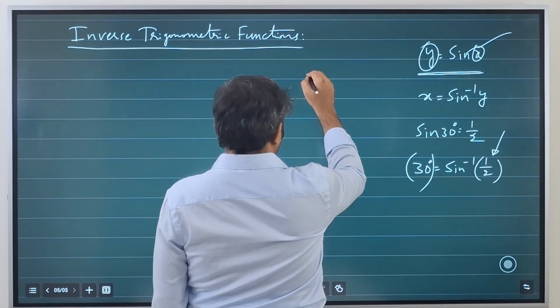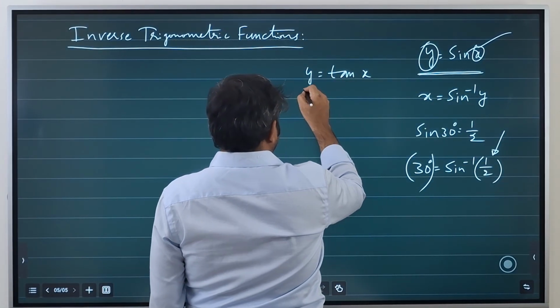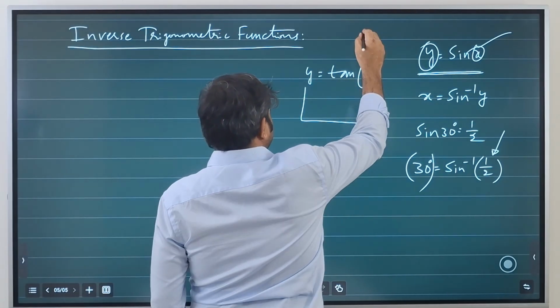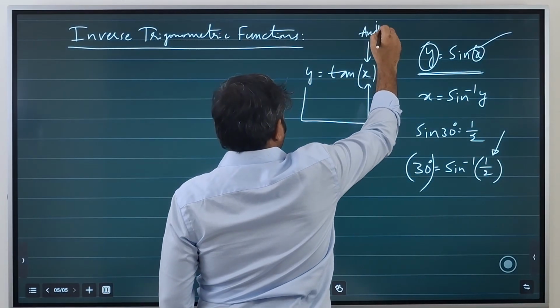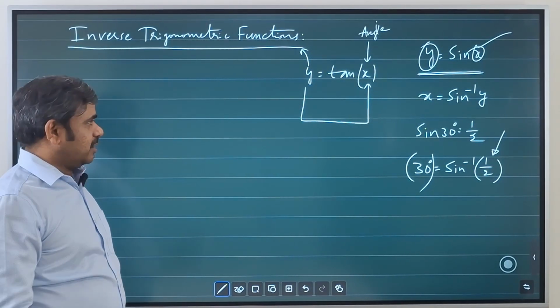Okay, when we write y is equal to sine x or cos x or tan x, what it means is we are writing ratio of sides as a function of angle. X is angle here, y is the ratio of sides in right angled triangle.